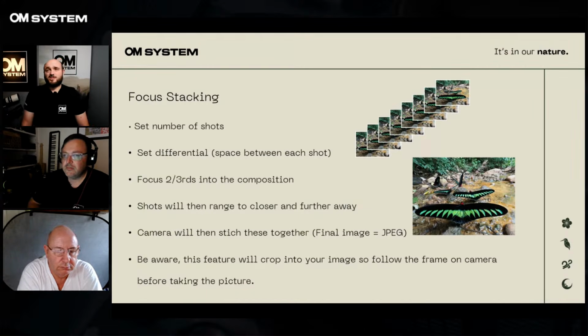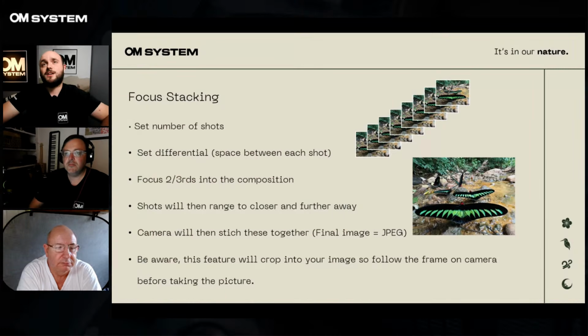For me, it's a great way of learning how to focus stack and what that looks like. And if you're not much of an editor, it's another good way to do it. It can be great for insects and flowers and that sort of thing. I personally haven't tried using the focus stack feature for slime mold photography.